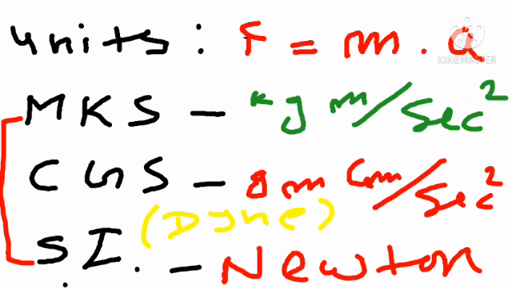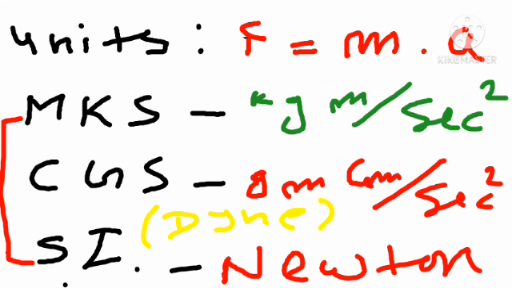Note down: one dyne equals gram centimeter per second square, and 1 Newton equals 1 kilogram meter per second square. Got it? In SI system the unit of force is Newton. Please remember, very important.